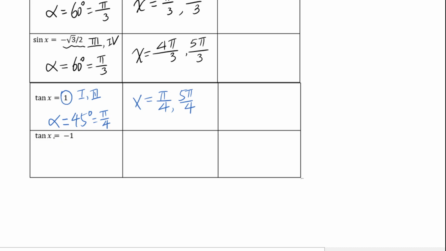For tangent x equals negative 1, the reference angle is still the same, 45 degrees, pi over 4. Since this is negative, go to the second and then the fourth quadrant. So your x equals 3 pi over 4 and 7 pi over 4.